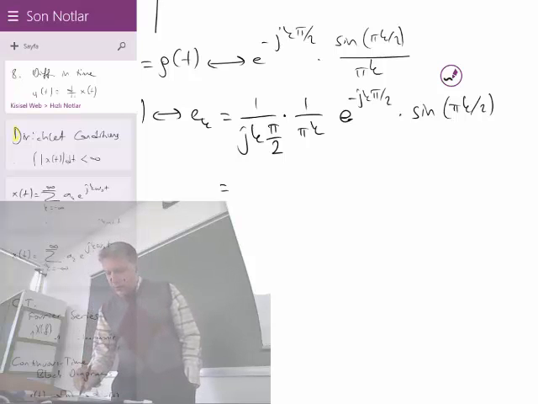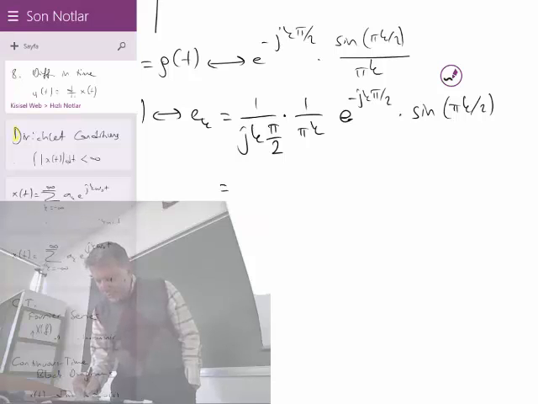We will have 2 pi terms multiplying in the denominator, 2 k terms. So we have pi square, k square. And what else do we have? We have a 1 over j in the denominator. That's also okay.